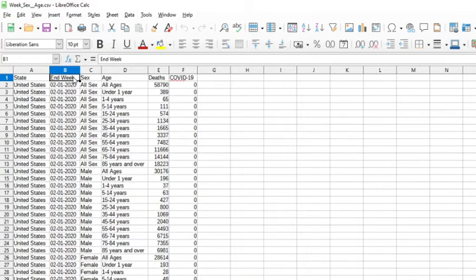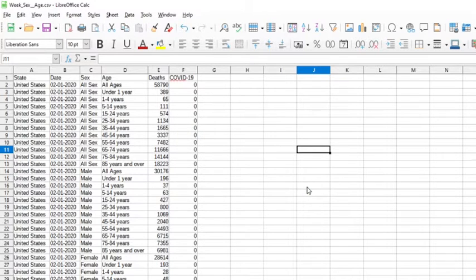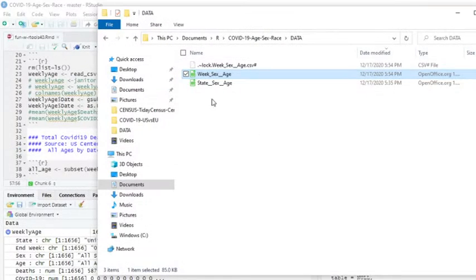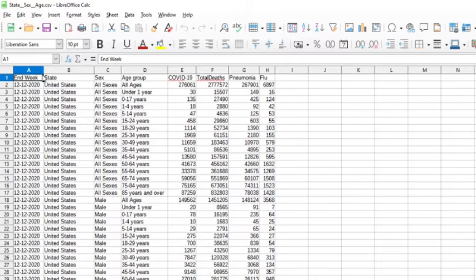We're just going to call this date. All right. Let's check the date here also. Get rid of age. Get rid of age there.